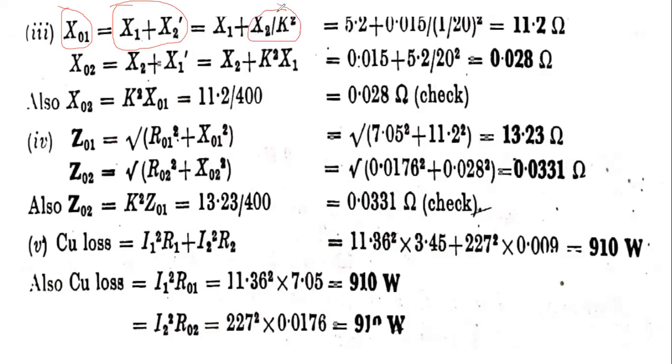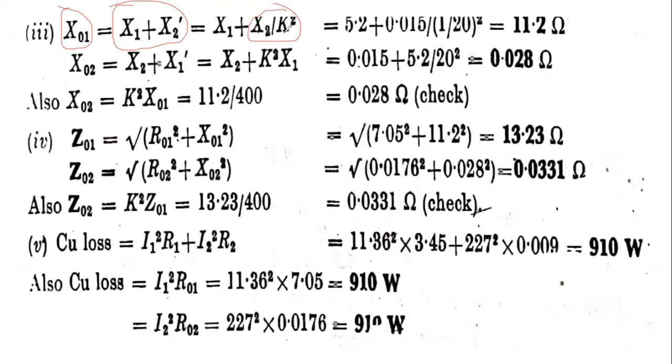What is the formula for X2 dash? X2 by K square. K is the transformation ratio, its value is 1 by 20, X1 is the primary reactance and X2 is the secondary reactance.